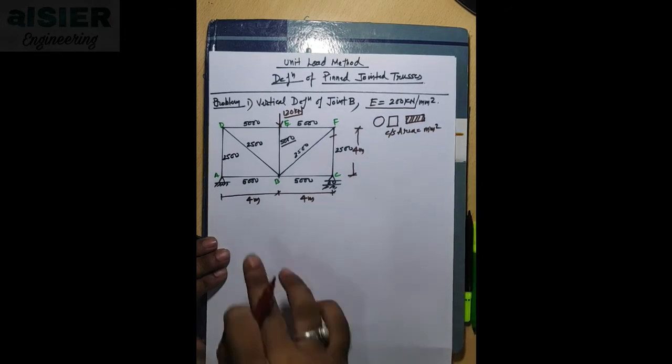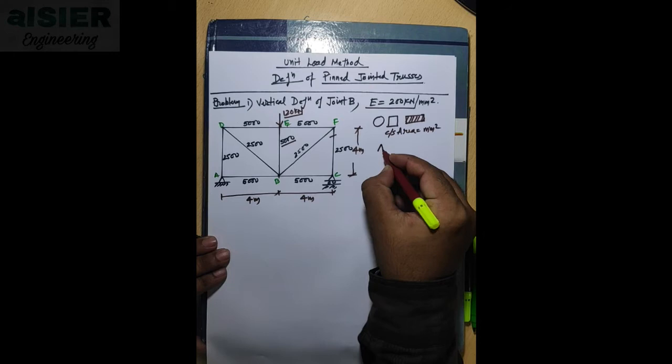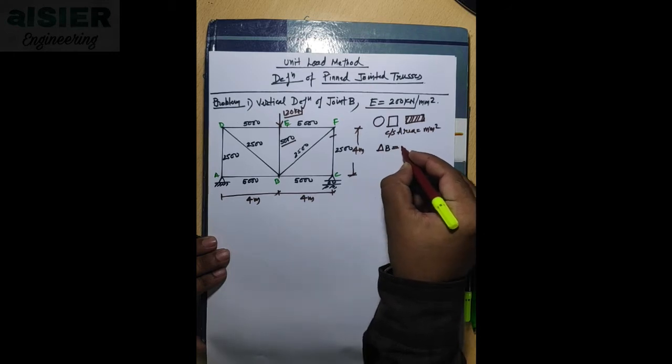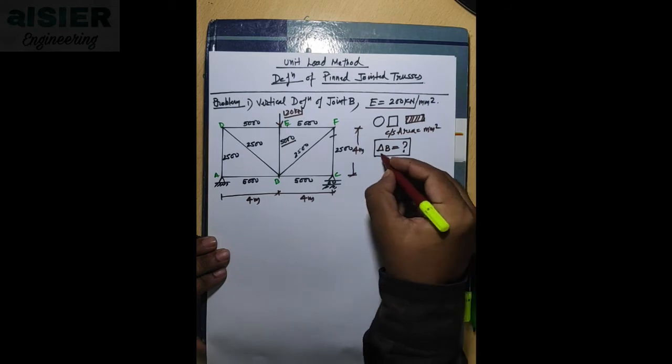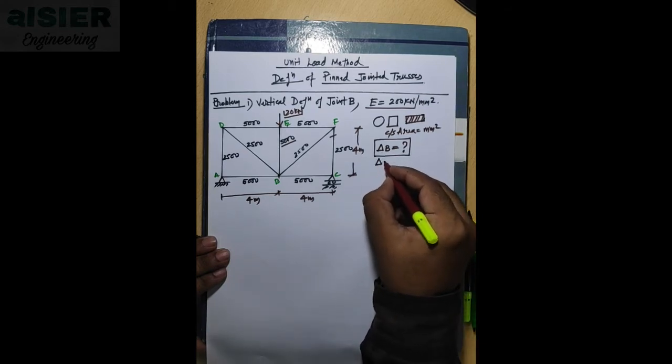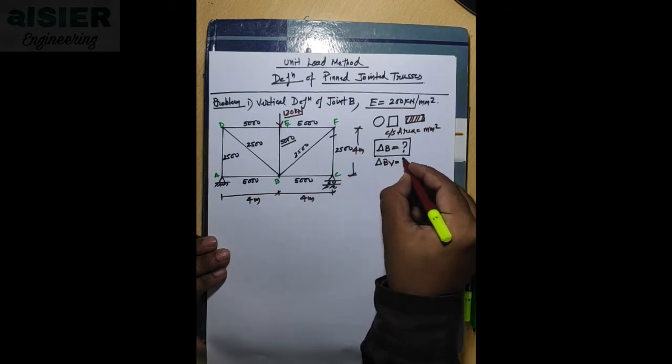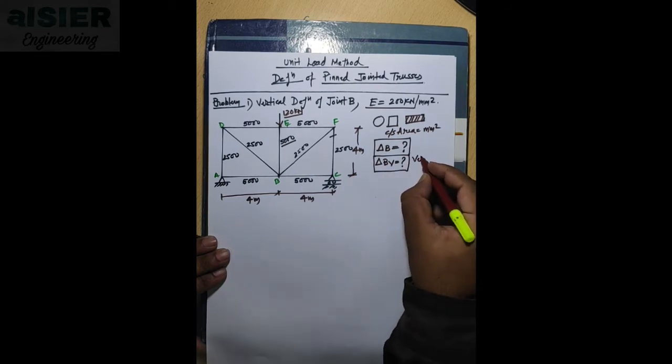Okay, and it is required to calculate delta B, more specifically delta BV. What does delta BV mean? Delta BV means vertical deflection, right?